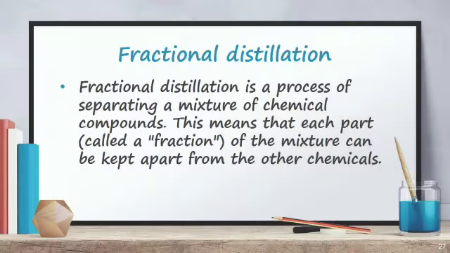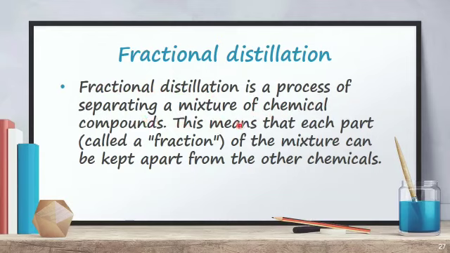Now consider oil companies that obtain their oil by drilling wells in the ground or in rocks under the sea. The oil which comes from the wells is basically crude oil. For this purpose we need fractional distillation, a process of separating a mixture of chemical compounds.